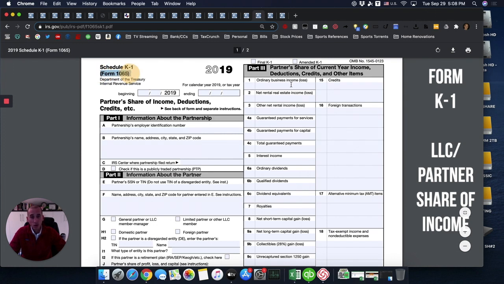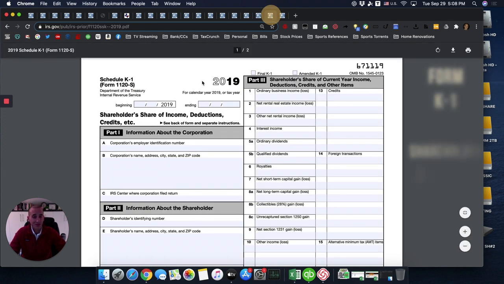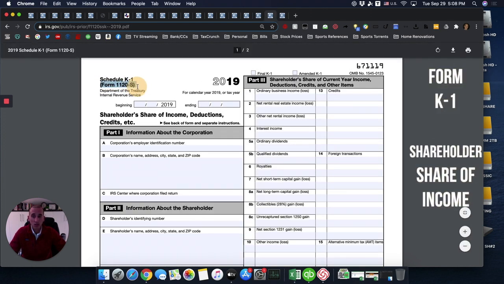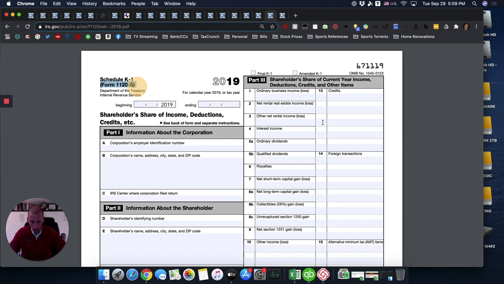It's going to list out your reported income and all the details that go along with it. If you were a shareholder in S Corp, it's going to be this form, same thing, except it's just listed from the 1120S tax return of the S Corp. But same thing, you will need this. Sometimes these do delay the returns, but you will need the K-1 to file the return if you are an investor.